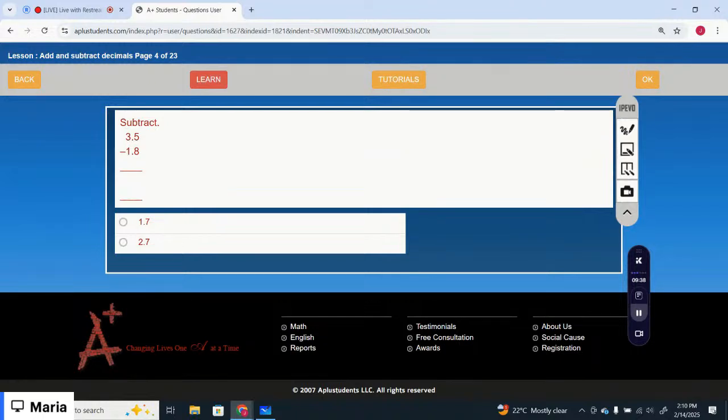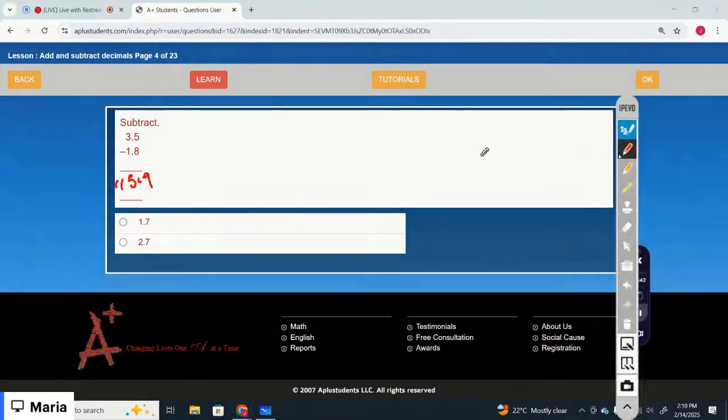3.5 take away 1.8. So how do we subtract? You cannot subtract 5 out of 8, so you need to borrow 1. 15 take away 8 is 7, and 2 take away 1 is 1.